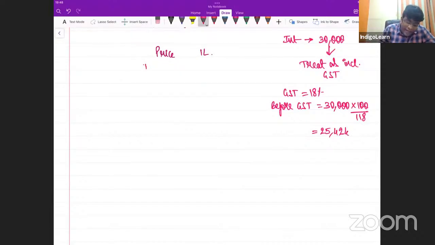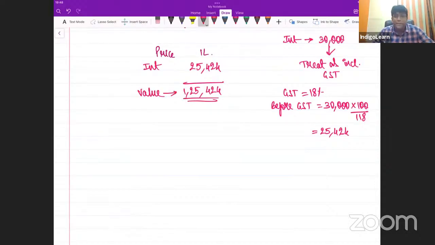So when I add interest here, I will take it as 25,424. Total figure 1,25,424. This is nothing but my value of supply. Now, when I calculate GST, how will I calculate GST? 1,25,424 into 18%. So please understand, there is no double taxation at all.